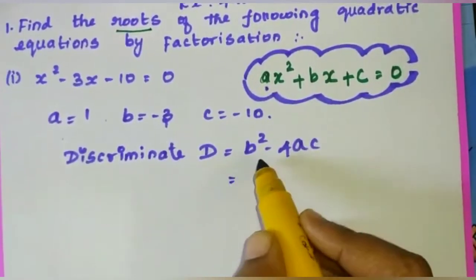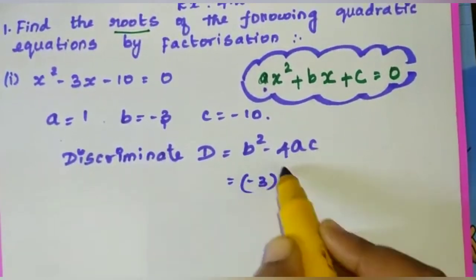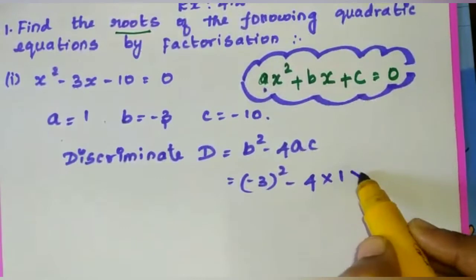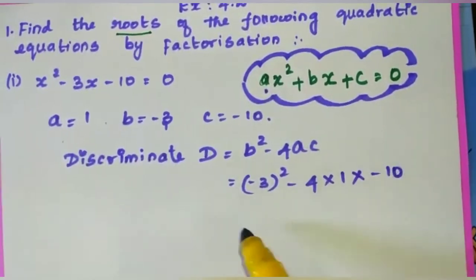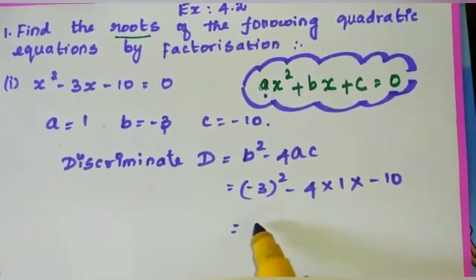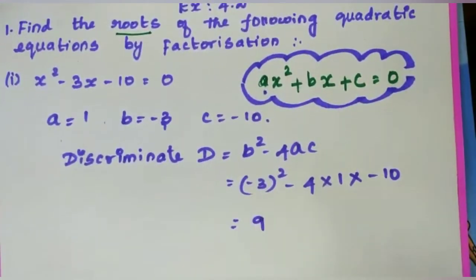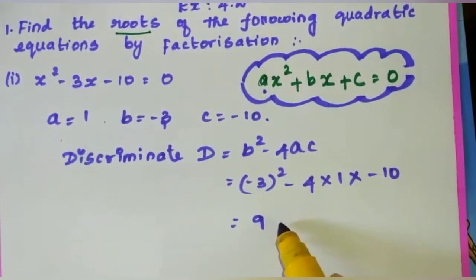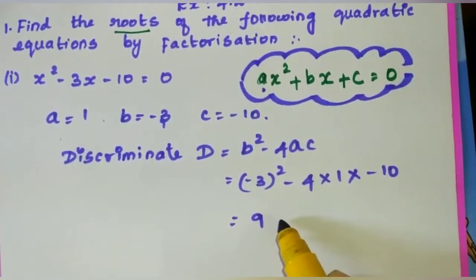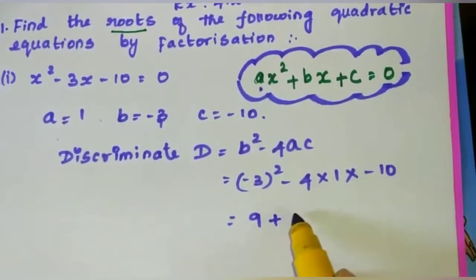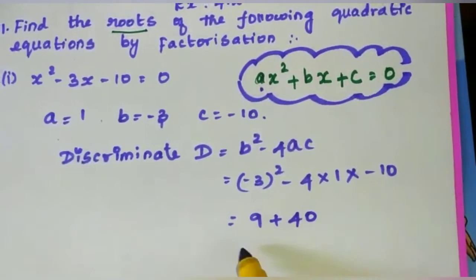So what is the value of b? Minus 3 the whole square minus 4 into 1 into minus 10. So minus 3 the whole square, then you will get 9. 3 3s are 9. Minus into minus is plus. 4 10s are 40.